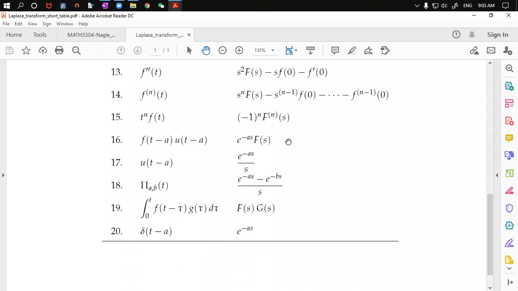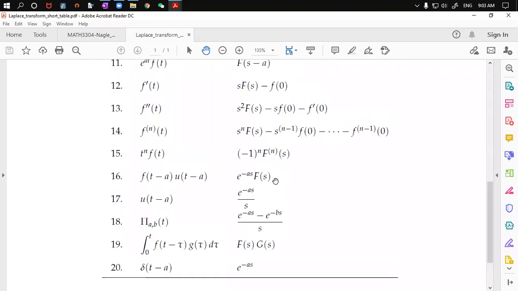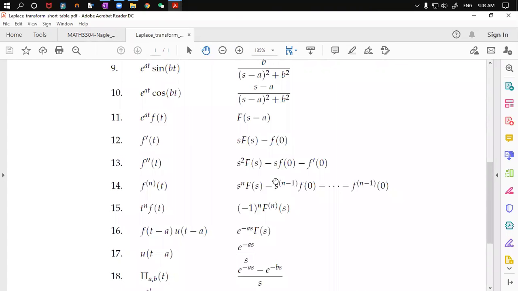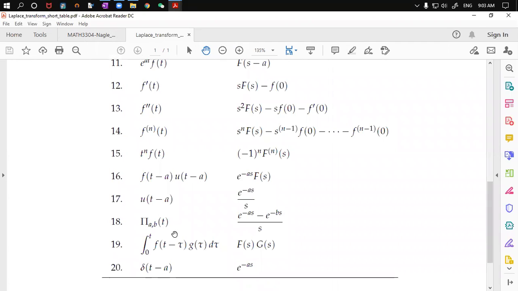Several lines have been thoroughly investigated. For example, line 11 and line 16 consist of what we call the shift table of Laplace transforms. They tell you how the shifts in Laplace transforms can be done, either from the forward side or from the backward side. That's very important.